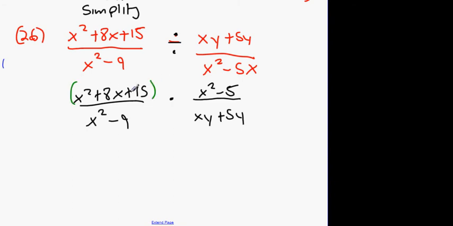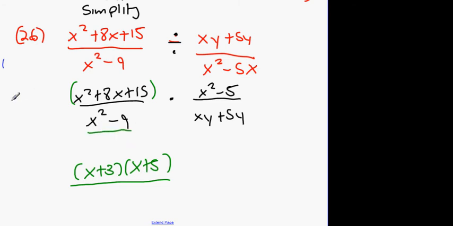We're going to factorize this one. We're going to get x plus 3 and x plus 5. Everybody knows how to factorize, right? What about this one here? x squared minus 3 squared: x plus 3, x minus 3. What about this part here?